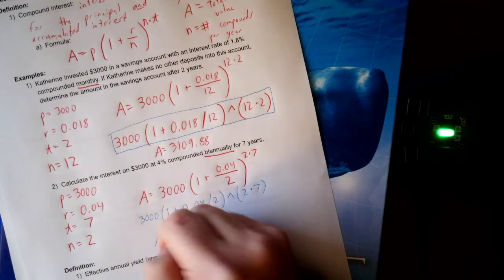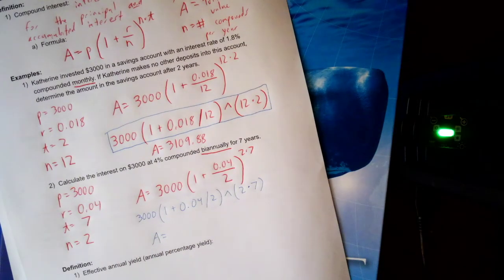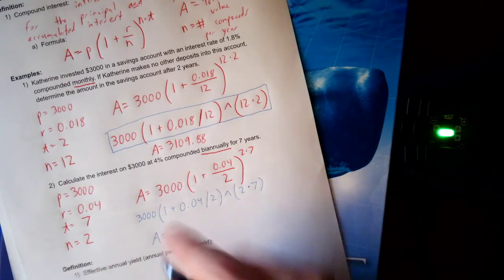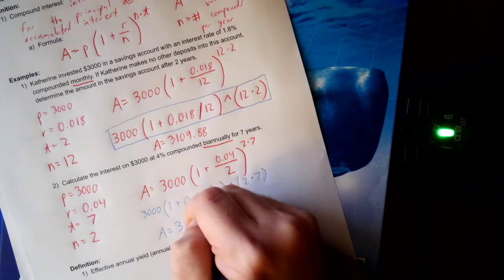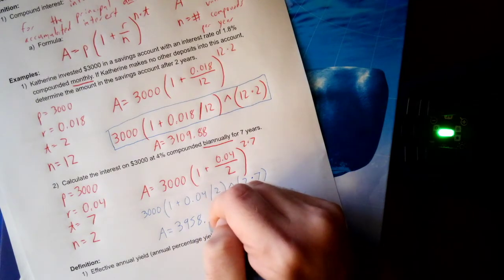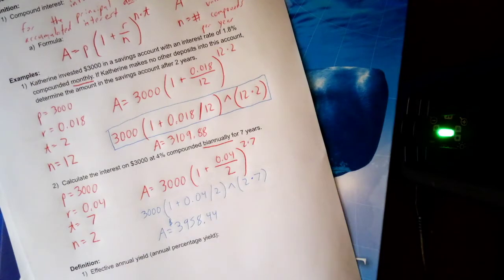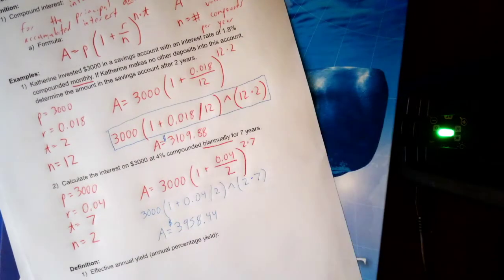If you do, you find that A is going to be equal to, well, let's type it in. You can't see me typing, but I'm typing 3,000, parentheses, 1 plus 0.04 over 2, close parentheses, 2 times 7, which gives me a value of $3,958.44. And there should be a dollar sign there, right? It's money. Same thing up here. Dollar signs, right? We're calculating money.